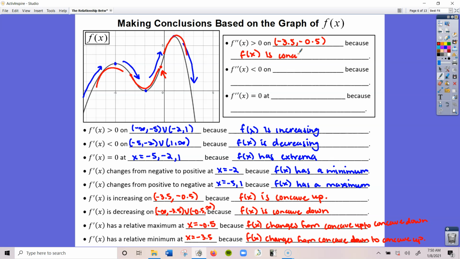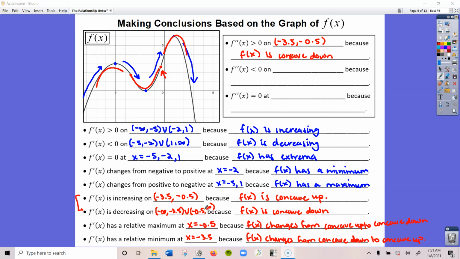So again, it is the exact same statement as these two right here, because f prime of x is increasing when f double prime of x is greater than 0. So now this is the same reasoning. F double prime of x is less than 0, and this is when my function is going to be concave down.